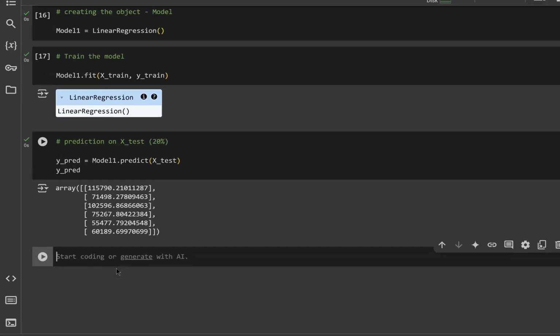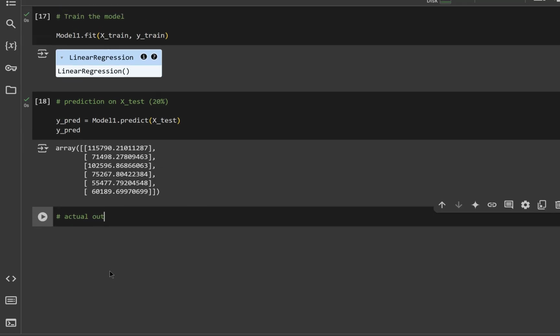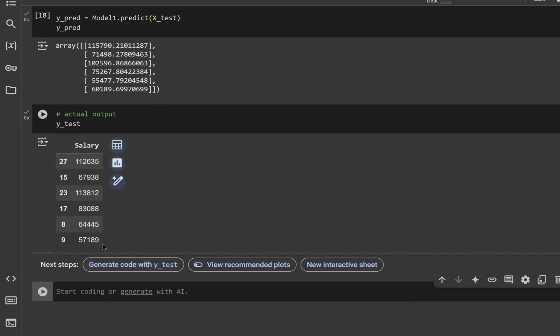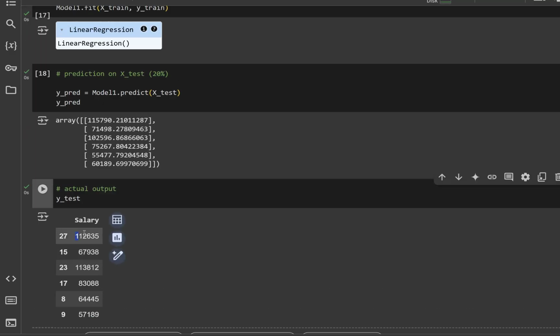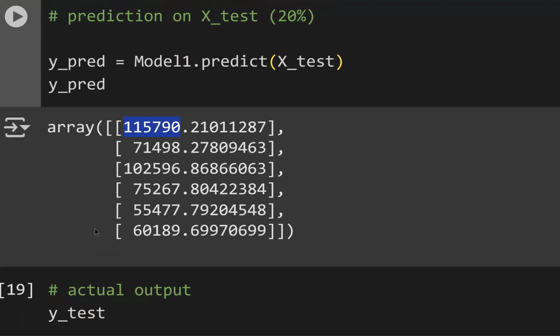Is this correct or incorrect? For that, you should have the actual output with you. What is the actual output? Y test. So Y test is the actual output. In the first case, the actual output was 112,000. But your model says how much? 115,000, right?